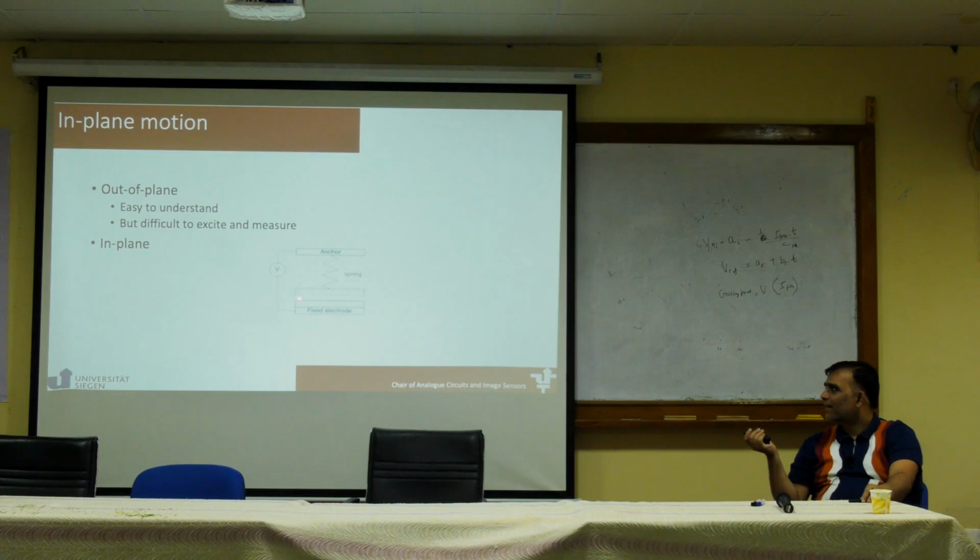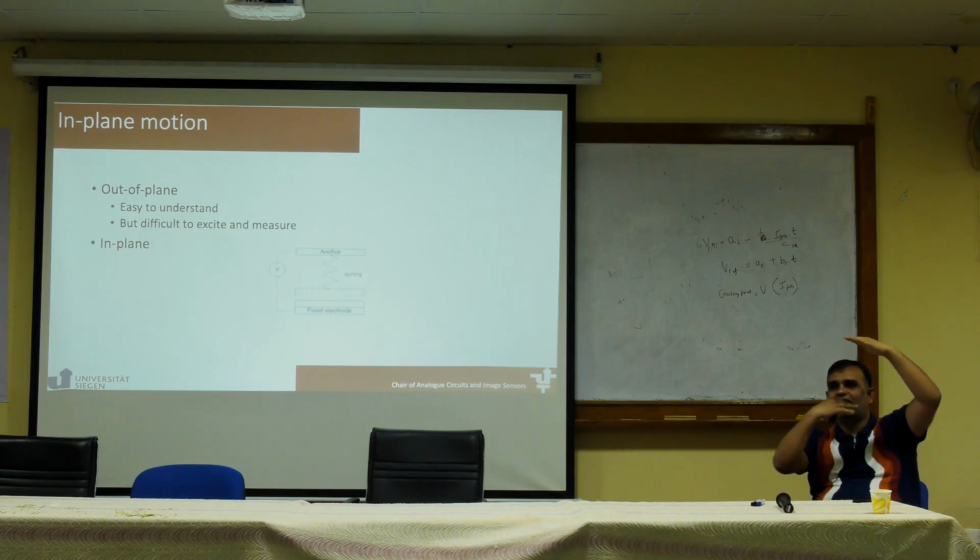Okay. And then if you have a fixed electrode, if you just apply a voltage between these two, what will happen? So that's metal, there's a spring here. If I apply a voltage on this node, what will happen here? There will be electrostatic pull. This looks like a capacitor, right? Two metal plates. If one metal plate is free and the other has got charge, what will it do?